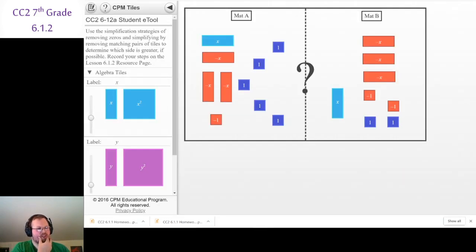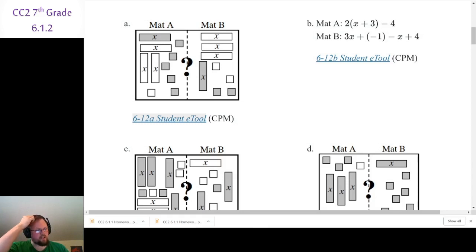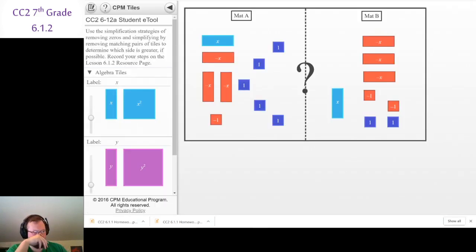So I want to start with this first one where it says, determine which side is bigger. And we're going to look over this. If you've got these two expression mats, there were a few different what we call legal moves. You can say, okay, I've got a negative x on one side and a negative x on the other side. I can remove them both and it will keep it balanced.